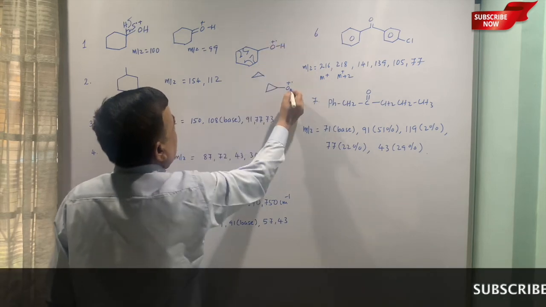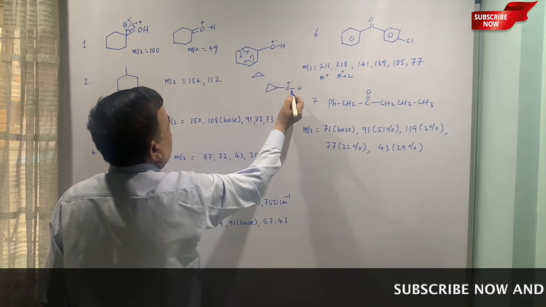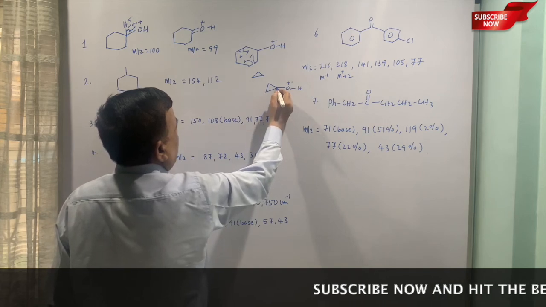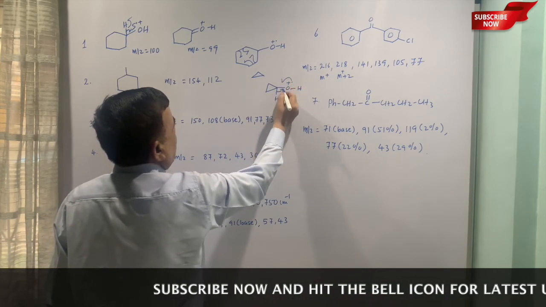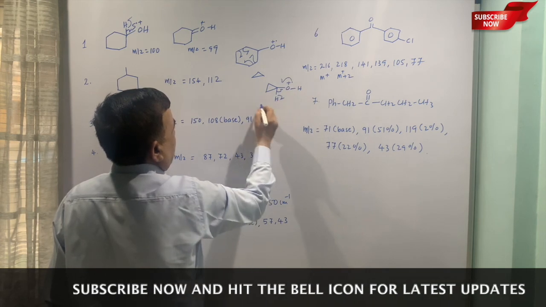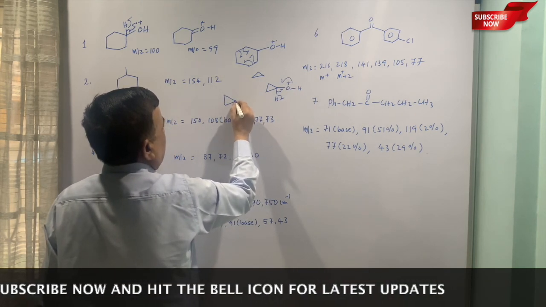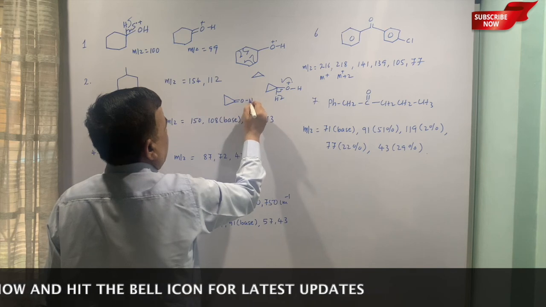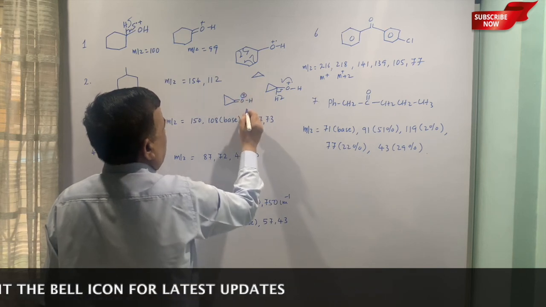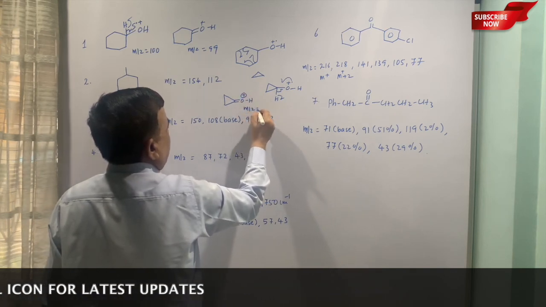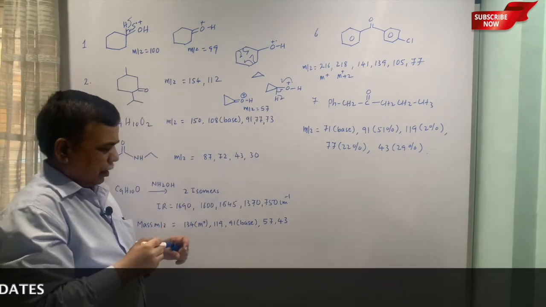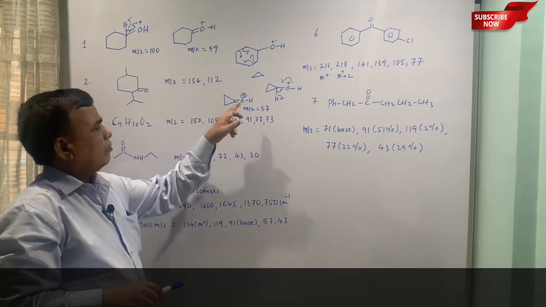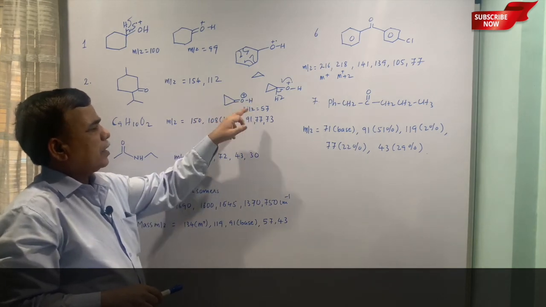We are starting from the starting. So this one, and probably this is also lost. So you will be getting double bond OH plus. So this is M by Z is equal to 57. You can check 36 and 5, 41, 41 plus 16, that is 57.